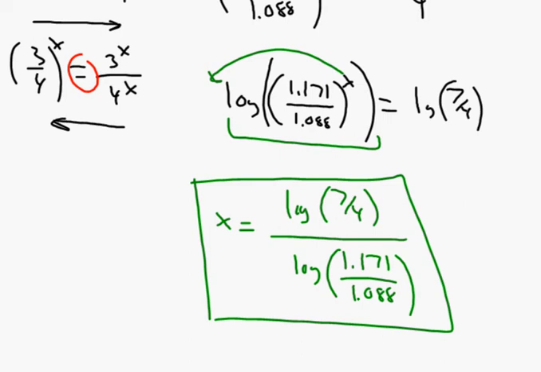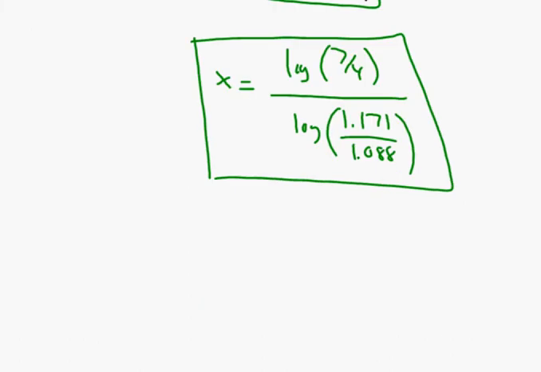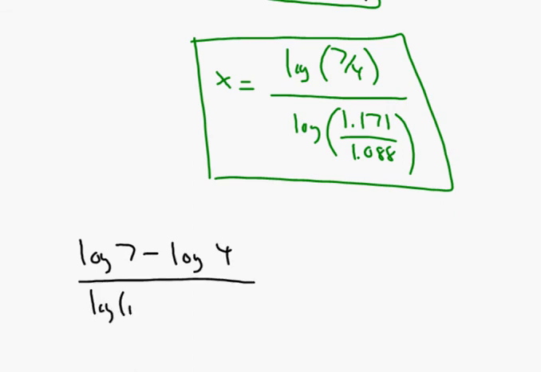Right? Now, let me impress upon you a couple of things. There's lots of ways to express this answer. So whenever I give this question to students, I get back answers which at first I'm like, wait, that looks different. But if I just carefully inspect things, you'll notice. So for example, it could have been written this way: log of 7 minus log of 4 over the log of 1.171 minus the log of 1.088.